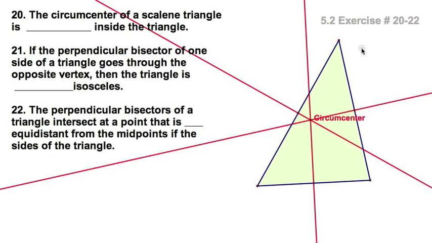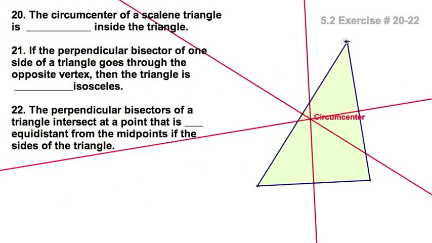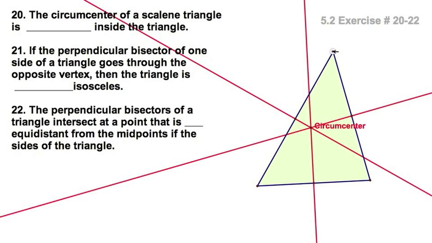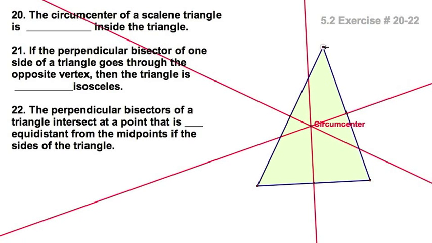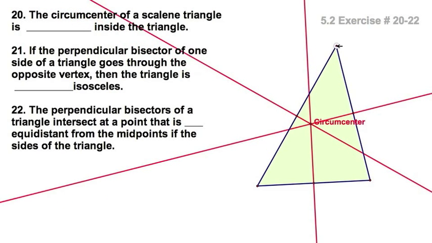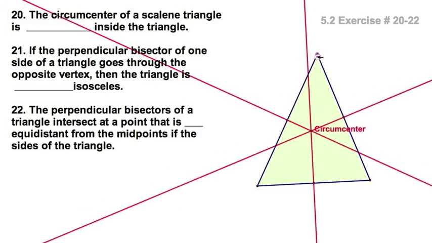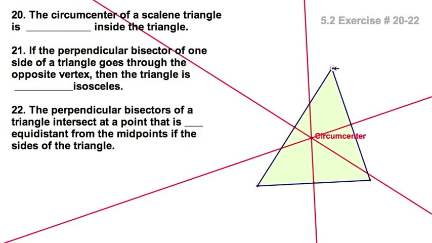Well, here we go. Three questions, one diagram. So I've got this arbitrary triangle here with the three perpendicular bisectors meeting at the circumcenter. You're going to have to trust me as I didn't put in all those fancy tick marks. So here we go with 20. The circumcenter, which you can see there, of a scaling triangle is inside the triangle.